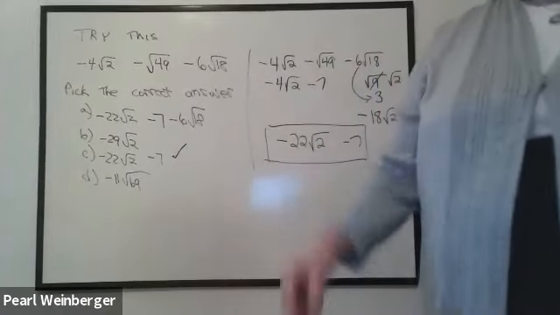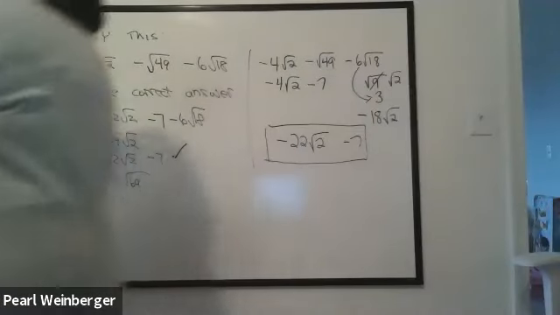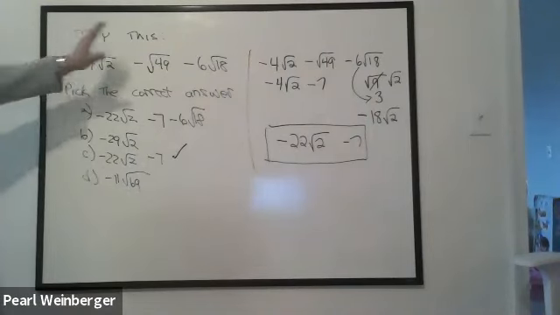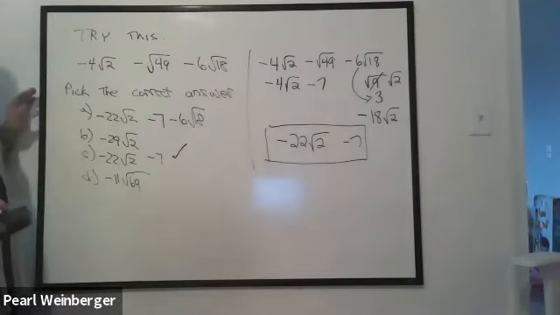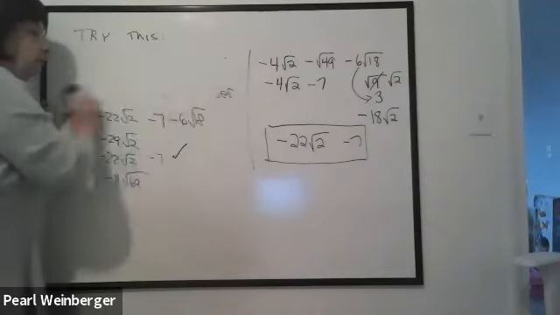Let's try one more example of something that we learned on Tuesday. This was about simplifying radicals and adding, subtracting. What happens if I want to multiply radicals? So let's try an example like that.